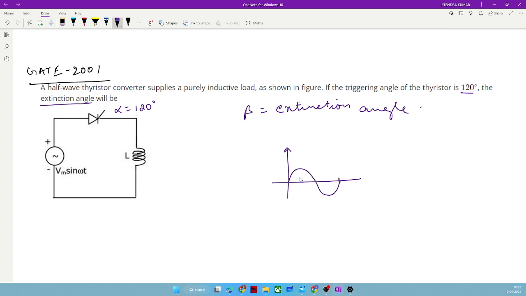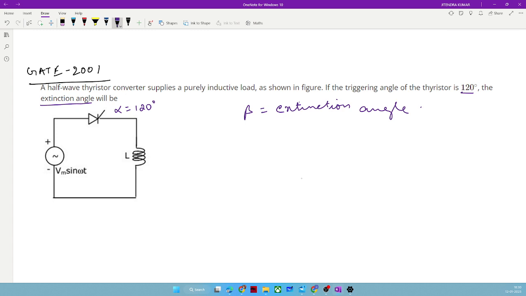The firing angle is where it started conducting in this time period, and it stops conducting in the same time period. So it can stop conducting here, beta 1, or here, beta 2, anywhere. That is known as the extinction angle. We need to find the value of that extinction angle.